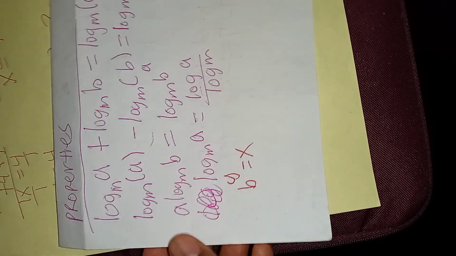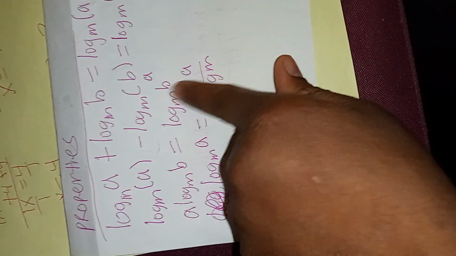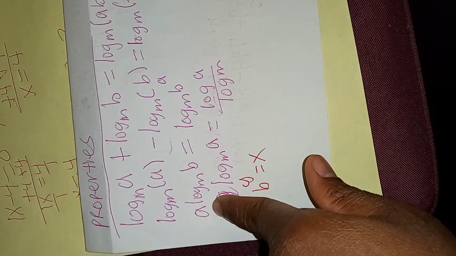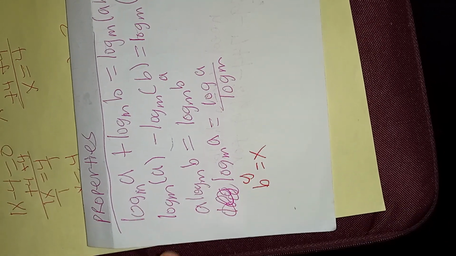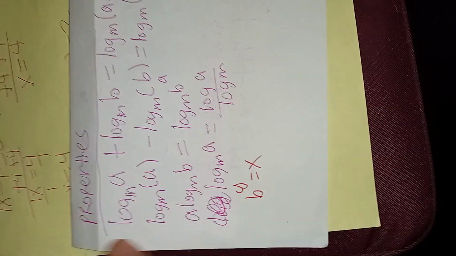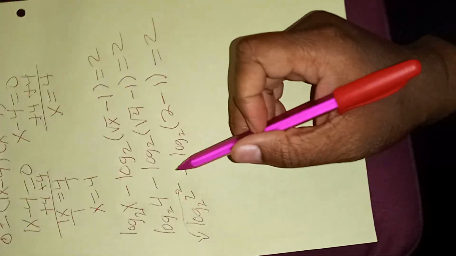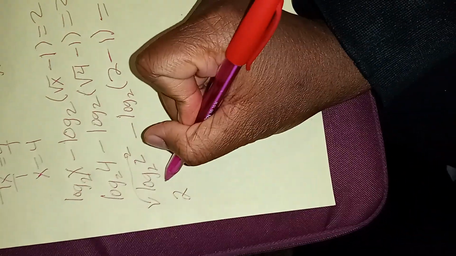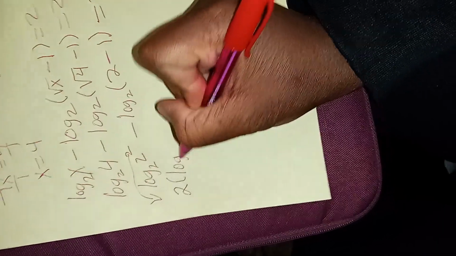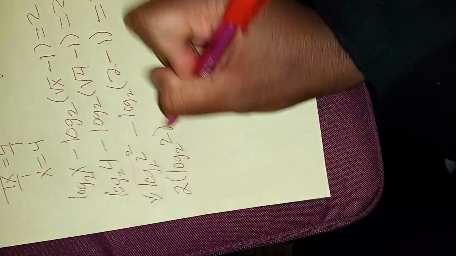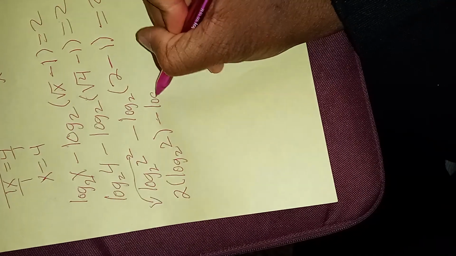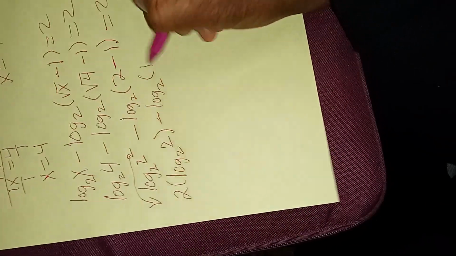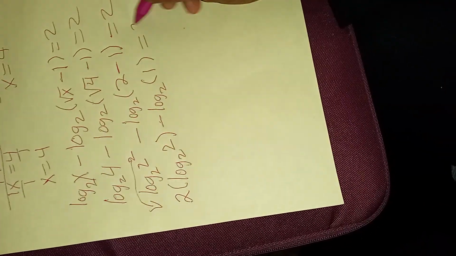So we have it in the form of the left-hand side, and we're going to put it in the form of the right-hand side, with the power becoming a coefficient. So now this power is becoming a coefficient. So it's going to be 2 times log sub 2 of 2 minus log sub 2 of 1 is equal to 2.